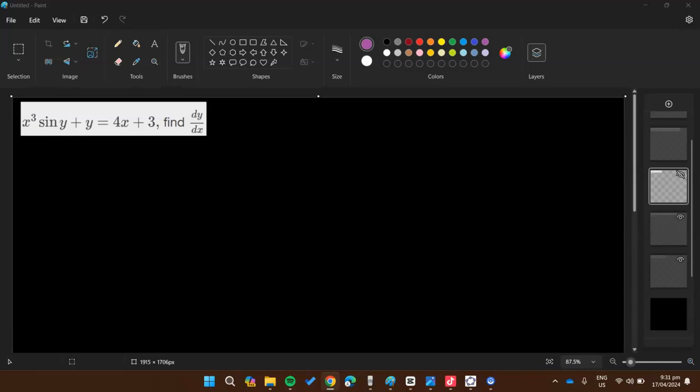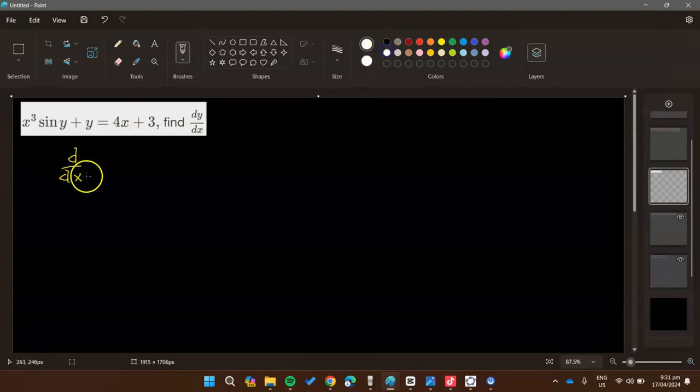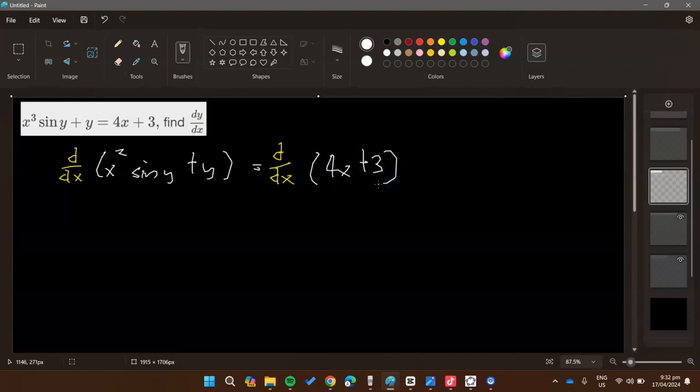Again, all you have to do is differentiate both sides. So we will do d/dx of x squared sine y plus y, and then again equals d/dx of 4x plus 3.